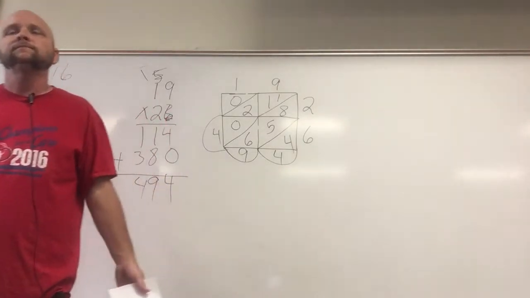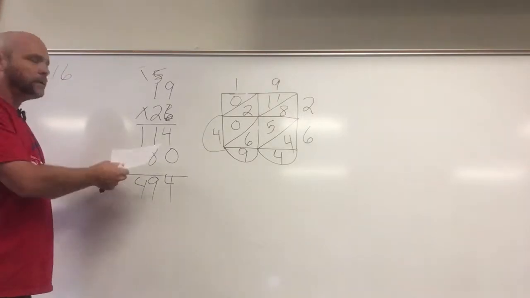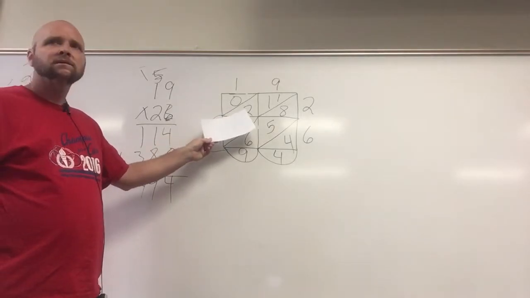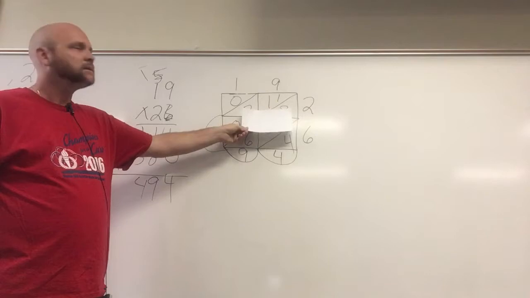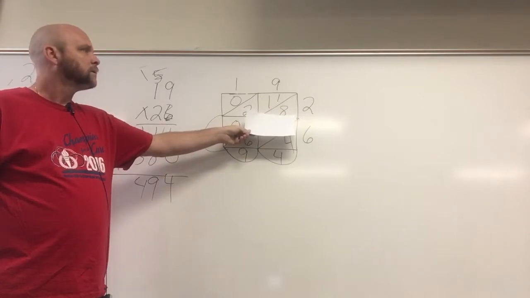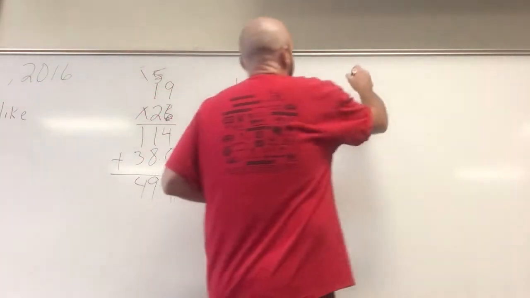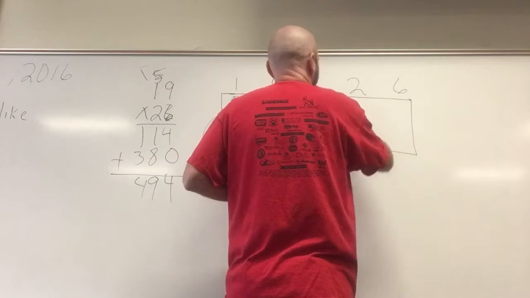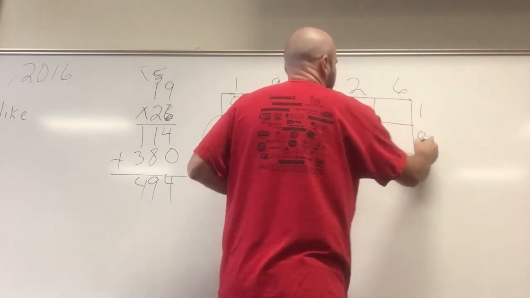Yes, ma'am. I got 394. Oh, I know. How did you do it? I did lattice. Did you get 2 in this box? Did you get 18 in this box? I got a 6 because I did 19 on the other side and 26 on top. Okay, well, let's do it that way. So you did 26 on the top and 19 on the side.